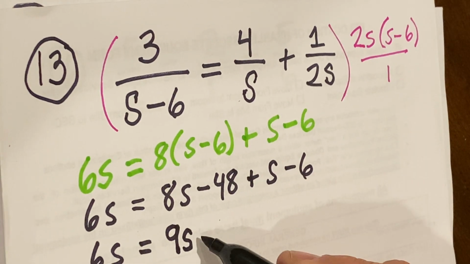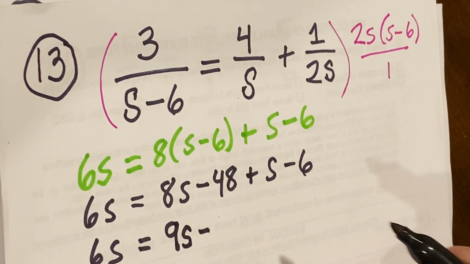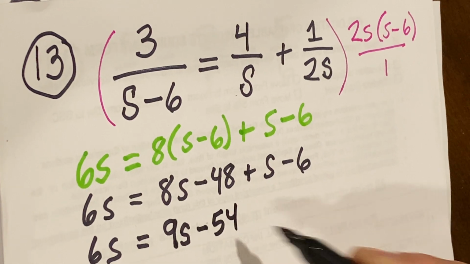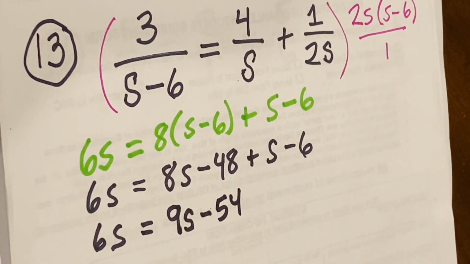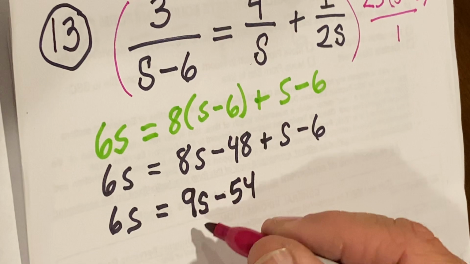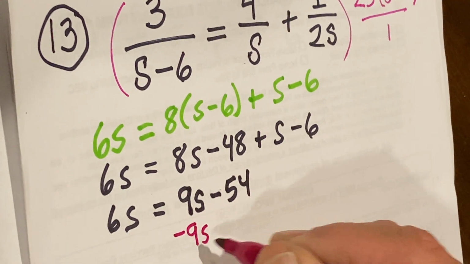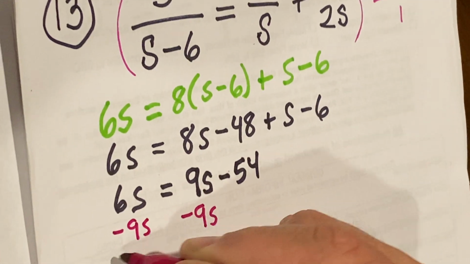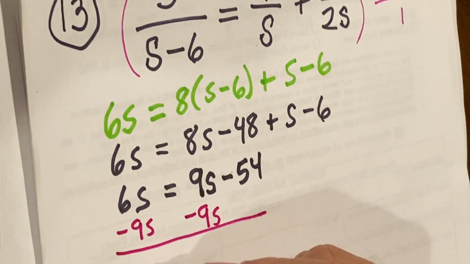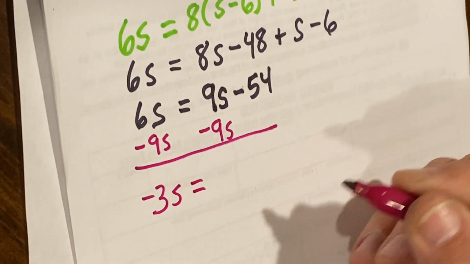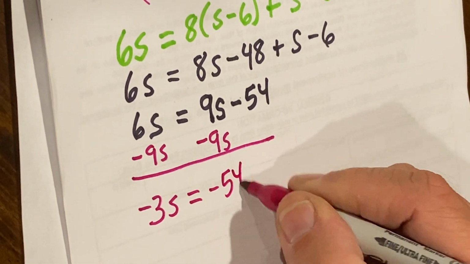Minus 48 and minus 6 is minus 54. Like that. Okay. Then I'm going to move the 9s over by minusing 9s from both sides. And I'm going to get negative 3s equals negative 54.